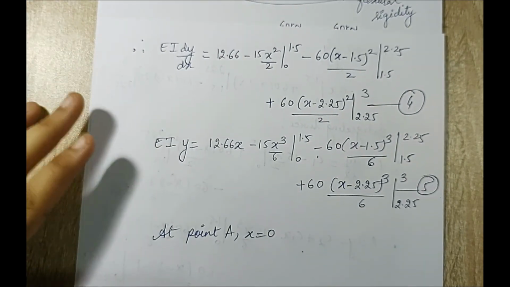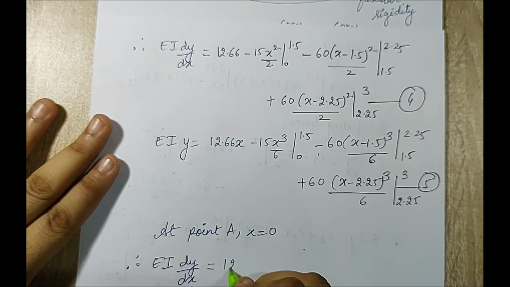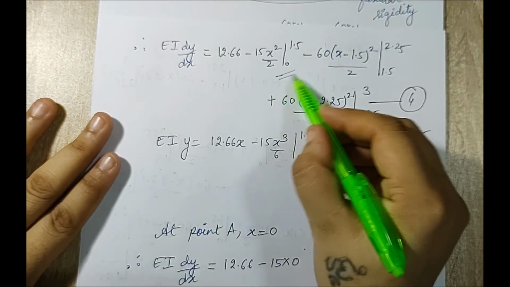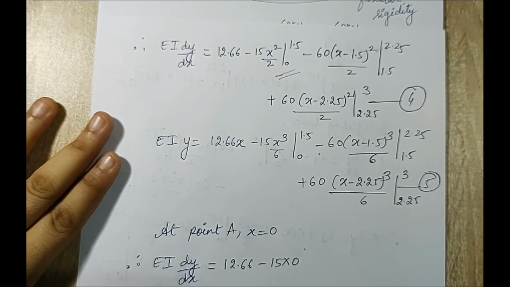So when I substitute in equation 4, I get therefore EI dy by dx is equal to 12.66 minus 15 into 0. Now obviously I'm going to write only till here because that's what the equation is for A to P portion.